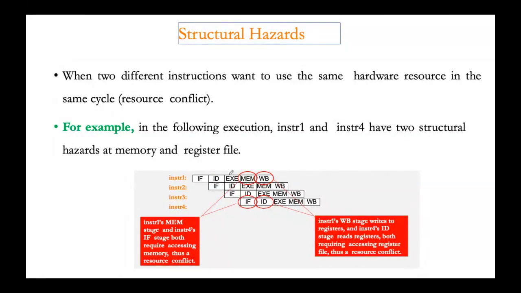At cycle 4, all four instructions are present. The first instruction is utilizing the memory, the second is in the execution stage, the third is in instruction decoding, and the fourth is in instruction fetching.